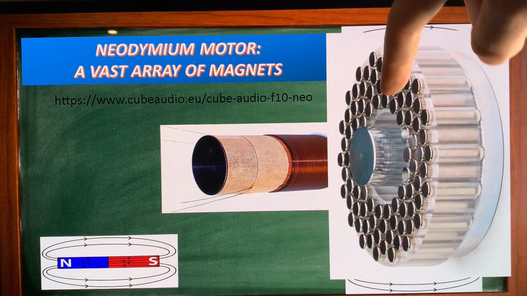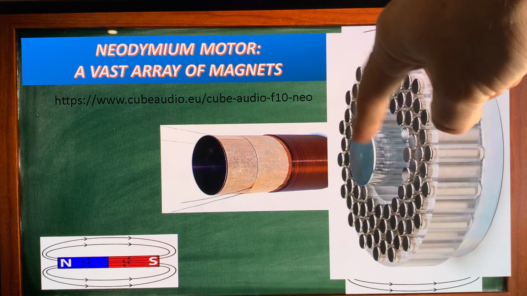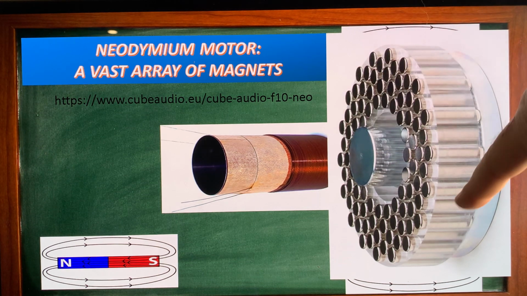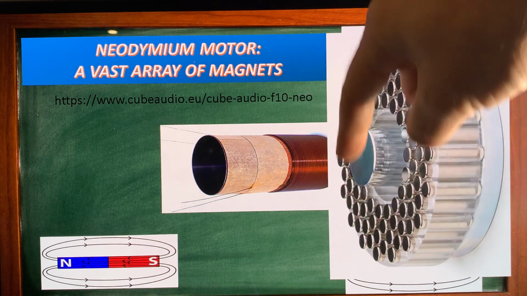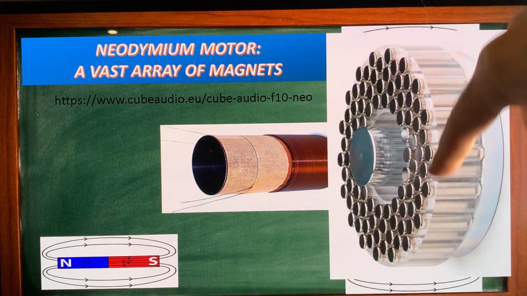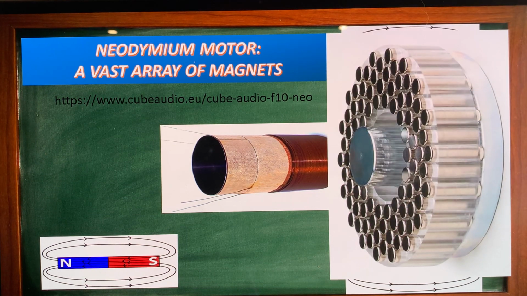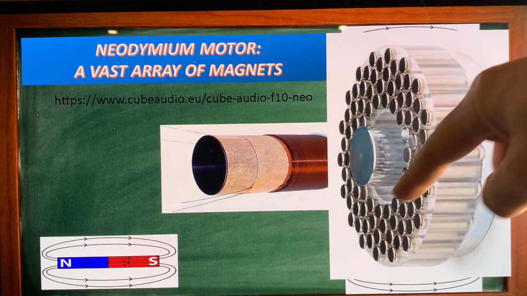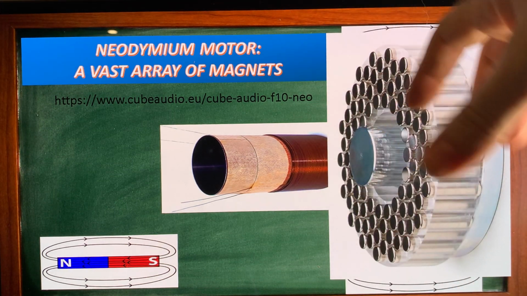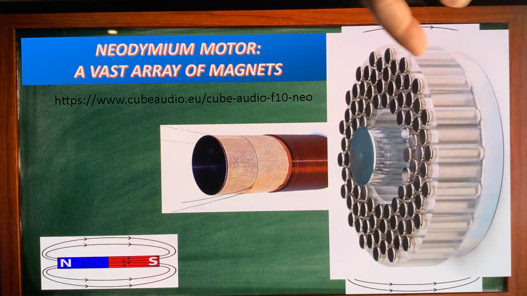So you see there is that soft iron pole piece, the same structure as a ferrite magnet, and here, instead of having a toroid ferrite, we have dozens of neodymium magnets, and it basically acts very similar to a ferrite magnet, with the difference that in a ferrite magnet you have uniform magnetic lines forming around a uniform band of magnets, a band of a single magnet.